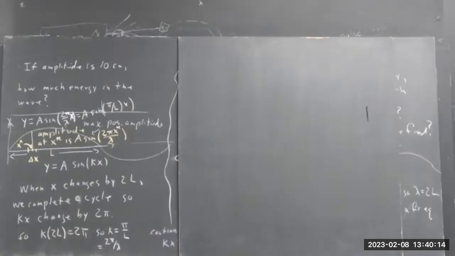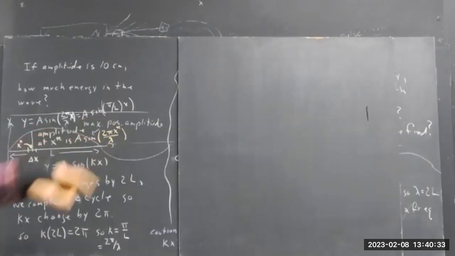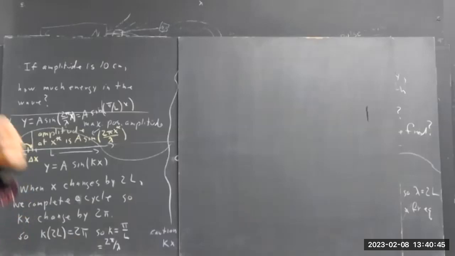Okay, so we're trying to get to the maximum kinetic energy of the motion of just this segment, which we assume to be a very small segment, so that the amplitude at every point is very close to a sine of 2 pi x over lambda. Okay, well, what do we need in order to figure the maximum kinetic energy of simple harmonic motion?